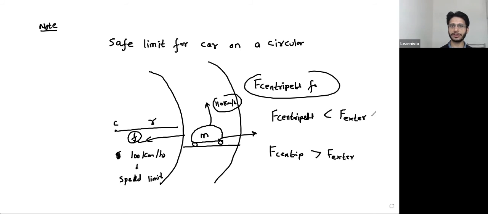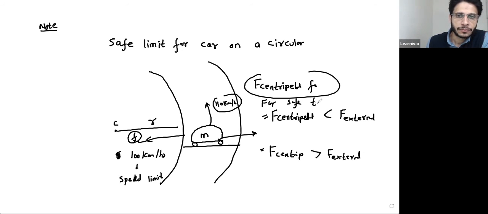Which condition should this system follow for a safe turn? This is option A and this is option B.